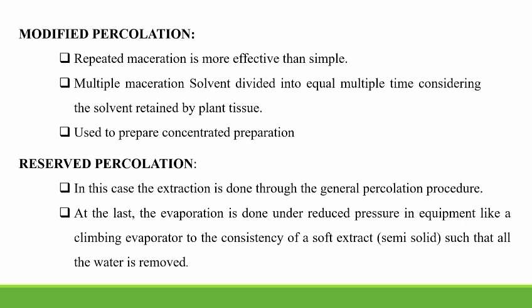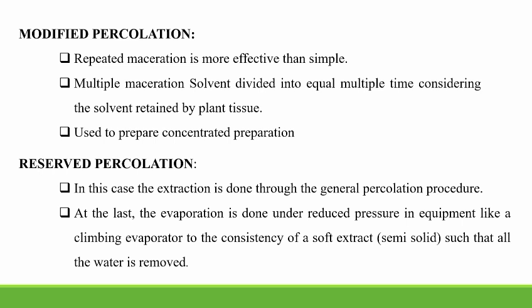The solvent, the menstruum, that we add for the extraction has to be divided into equal portions, considering the solvent retained by the plant tissues. Mainly it is used to prepare concentrated extracts. This also maintains the steps involved in simple percolation, but with repeated maceration.